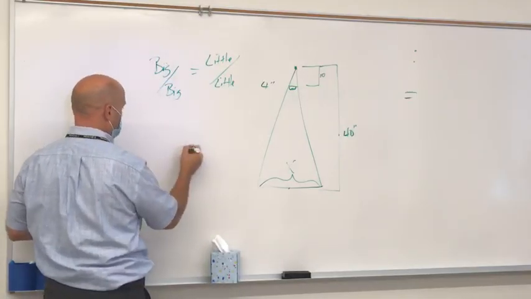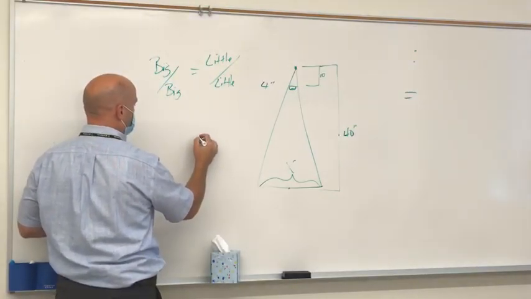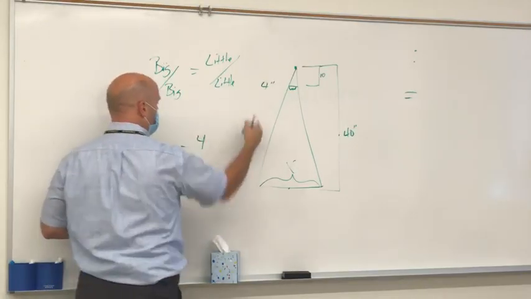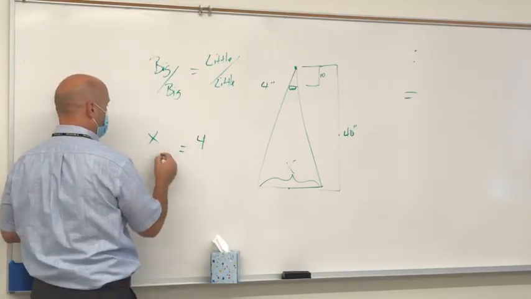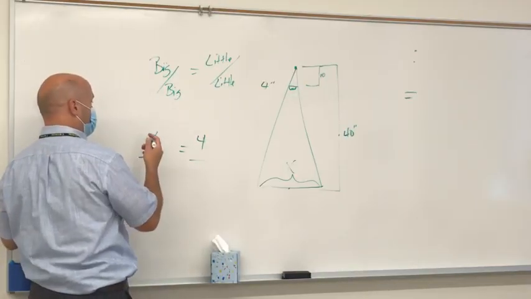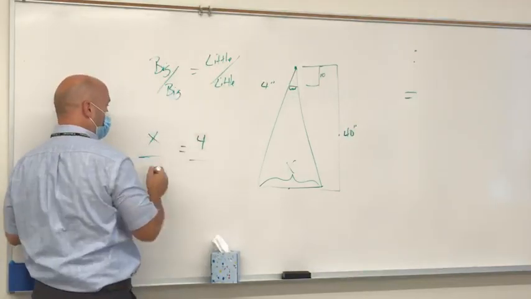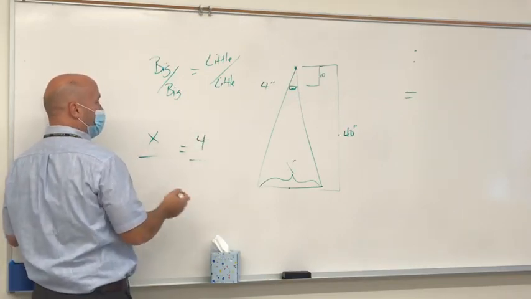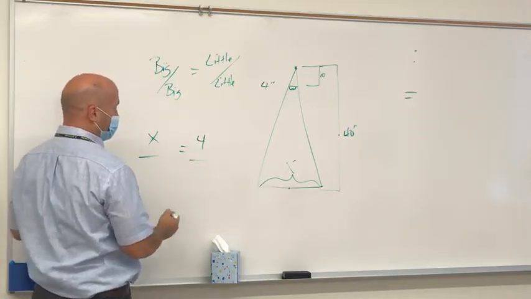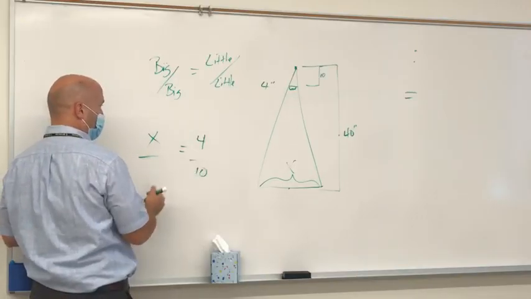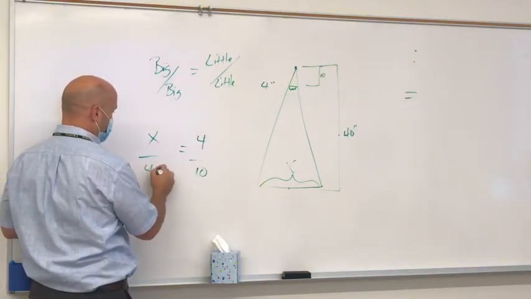So we'll just do it like this. 4 is equal to, and what am I going to put across from the 4? X. X, right. So those are my big and little for that. Okay, so I need a little measurement in the opposite dimension. So what's that going to be? 10. 10 is equal to, what's going to go right across from that? 40. 40, right.